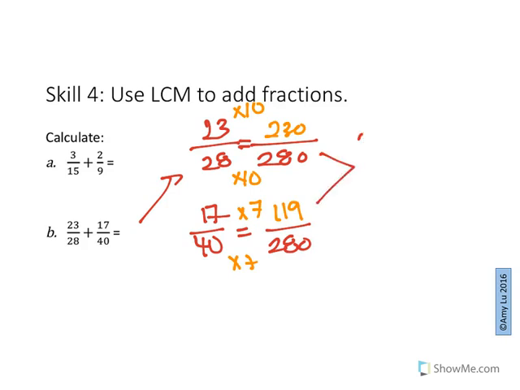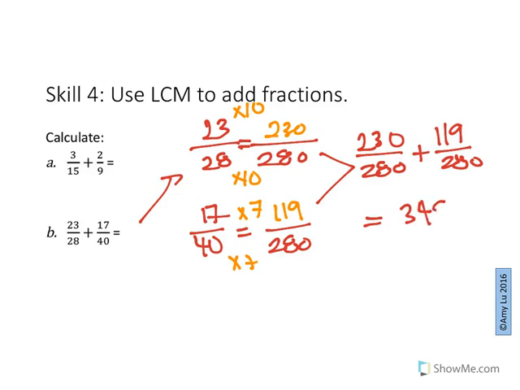So now I can add them together. 230 over 280 plus 119 over 280 gives me 349 out of 280, which means we need to reduce this, right?